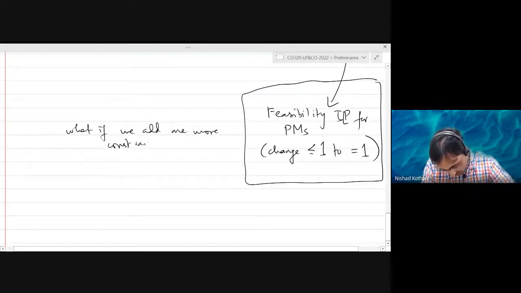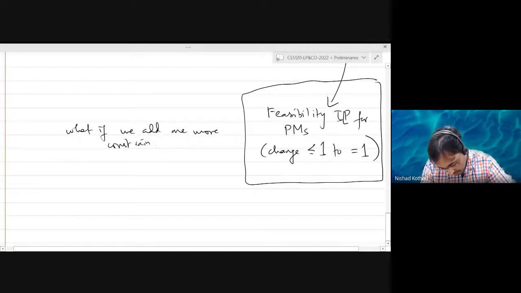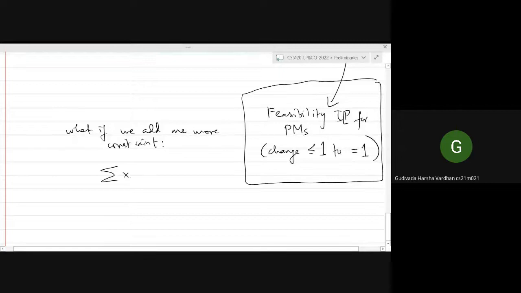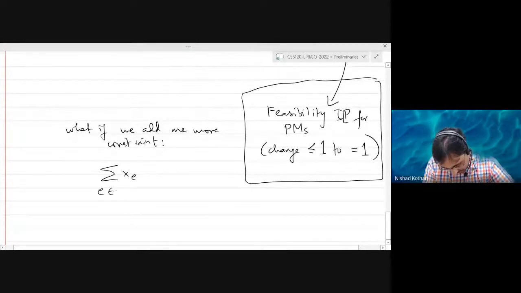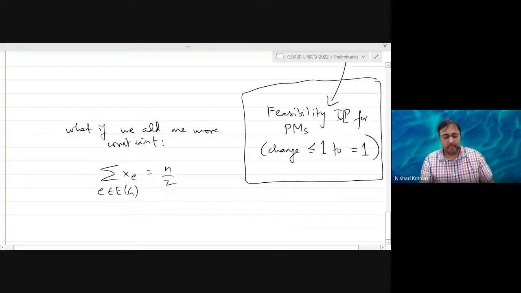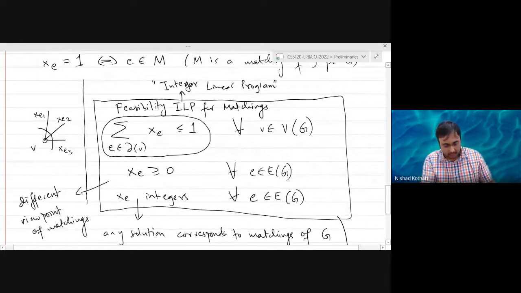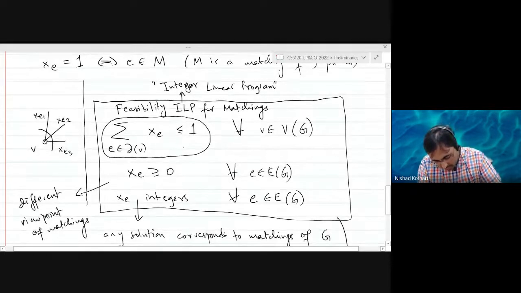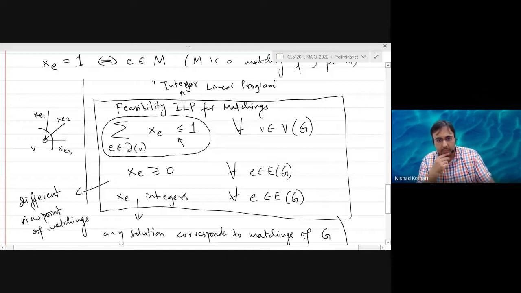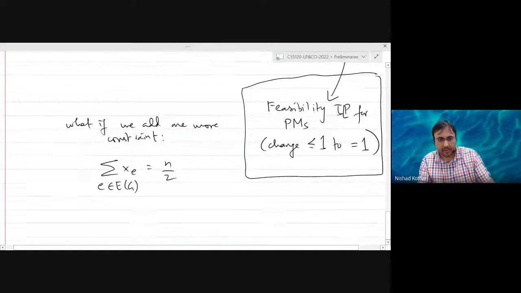You want to sum up all the variables, and that should be equal to the total number of vertices divided by 2. Okay, great. So let us suppose we also include this. We are going to change all of these inequalities to equalities, and we want the total sum of all the variables to be equal to n over 2. So should we include that or should we not include that? Why or why not?